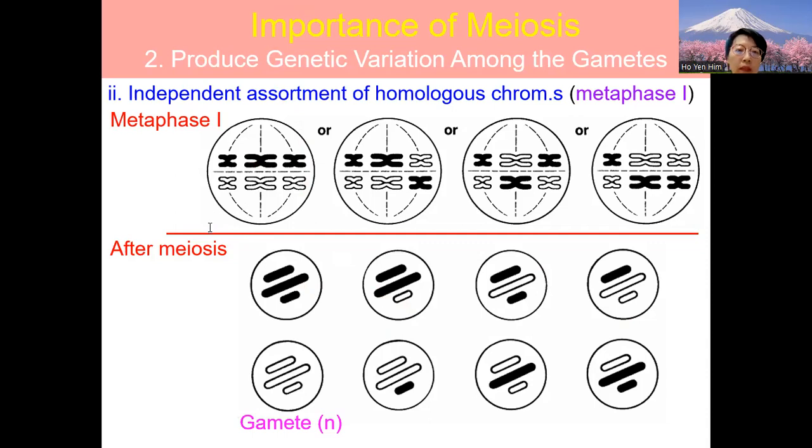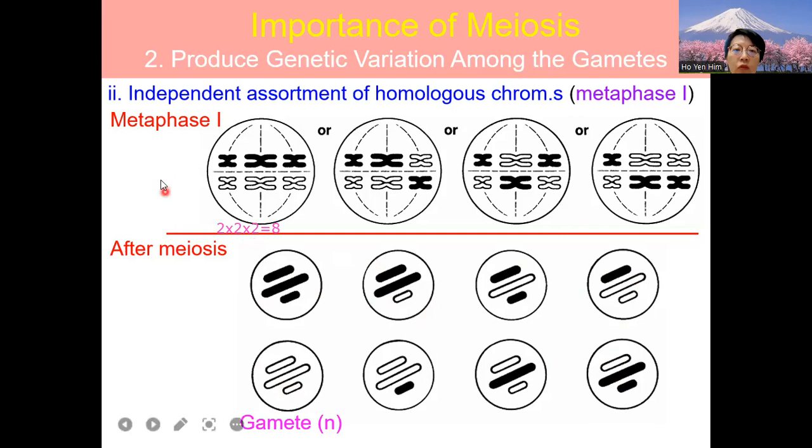You use probability. The first pair has 2 ways to arrange, the second pair has 2 ways, and the third pair has 2 ways. So altogether, there are 8 possible different patterns of arrangement, and therefore it results in 8 possible different types of chromosome combination in the gametes. So this leads to 8 different gametes that are genetically variable.